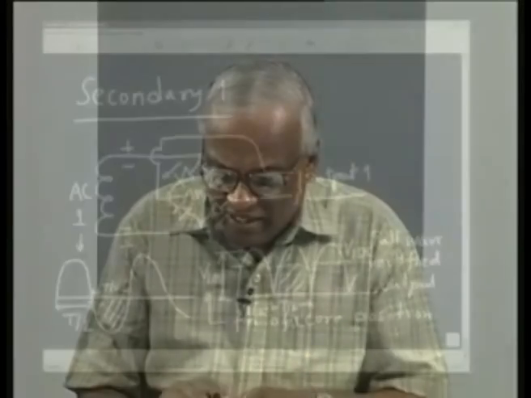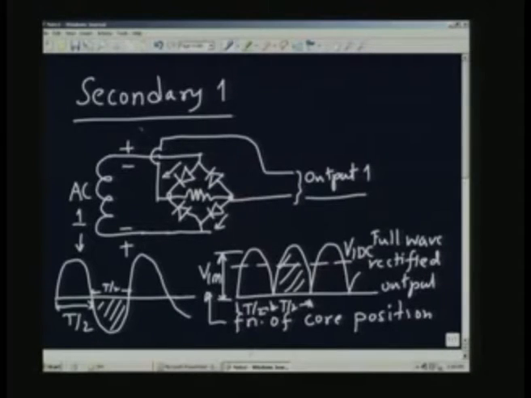So now let us look at both. You have V1 DC, this is coil 1, and coil 2 will give you V2 DC. This is the second coil.